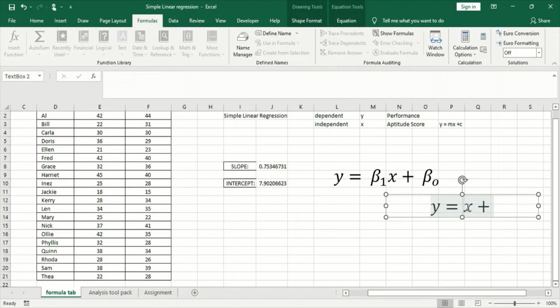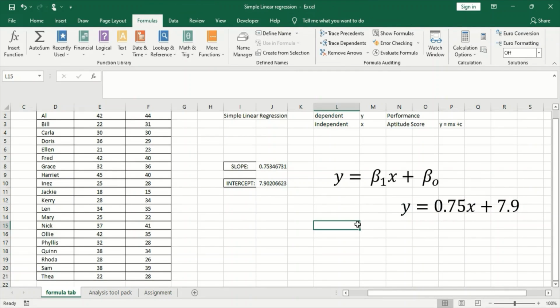It's going to be 0.75, and then we will now have 7.9. So this is what we have as our regression equation using our formula tab.